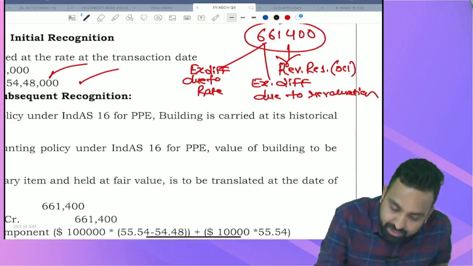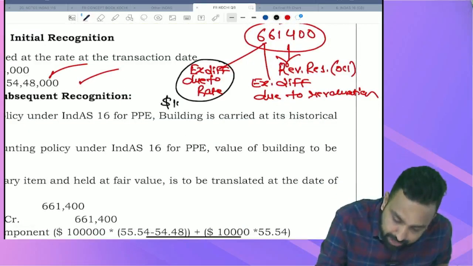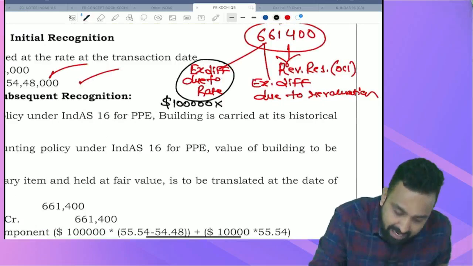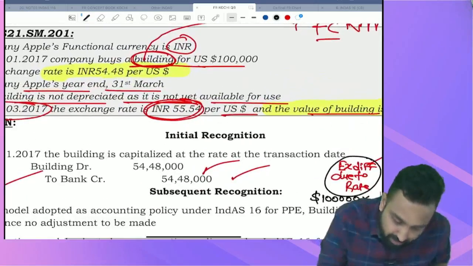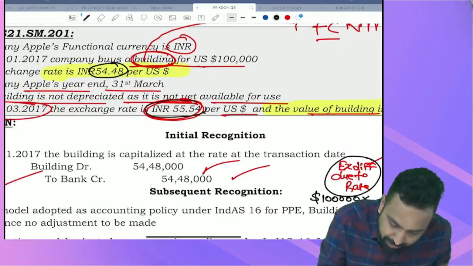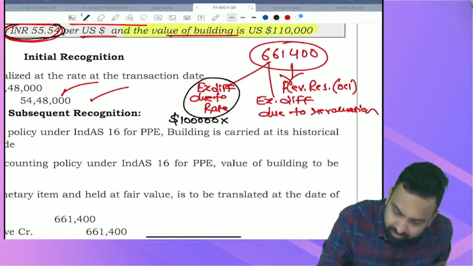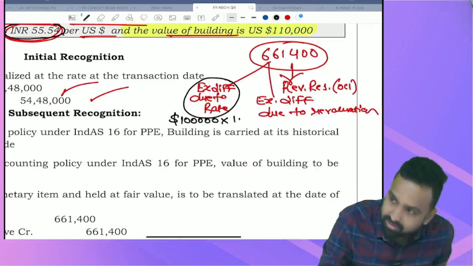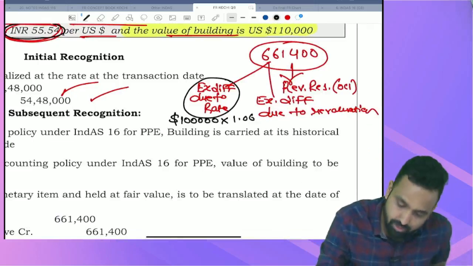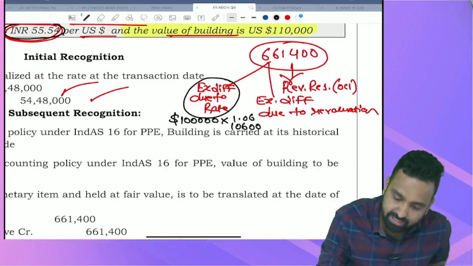Difference due to exchange rate only: 1 lakh multiplied by the difference, 54.48 and 55.54. The difference in rate is 1.06. So it's 1,06,000. Guys, understood or not?